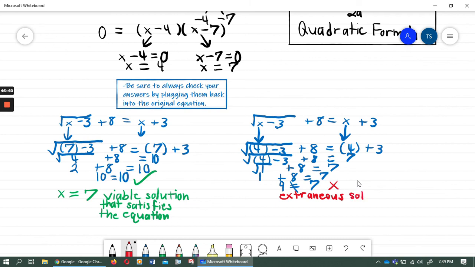When we have a solution that does not work, it is not viable, it does not satisfy the equation when we plug it back in. x equals 4 is an extraneous solution because it does not satisfy your equation. It does not work. We cannot use it.